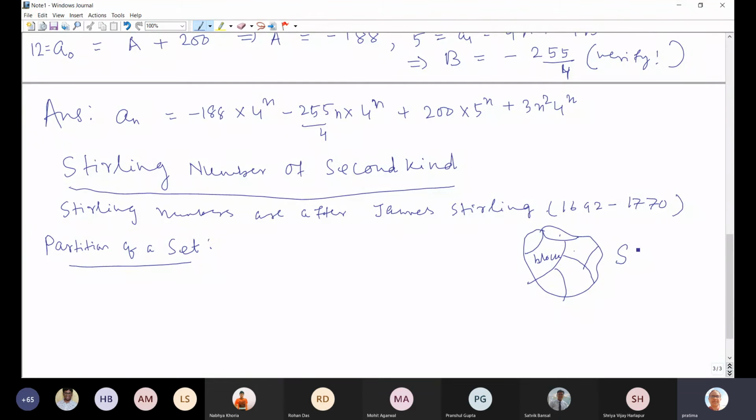So let me write down: let S be a non-empty set.